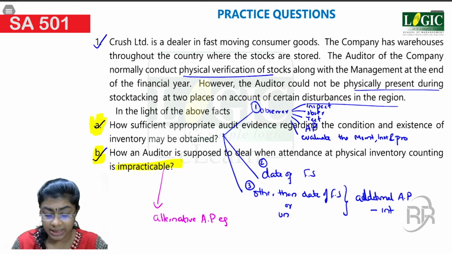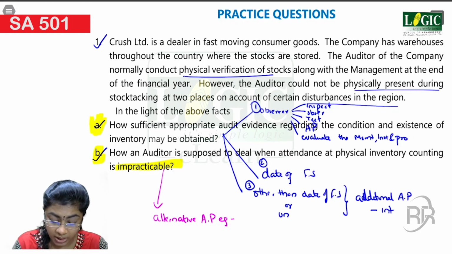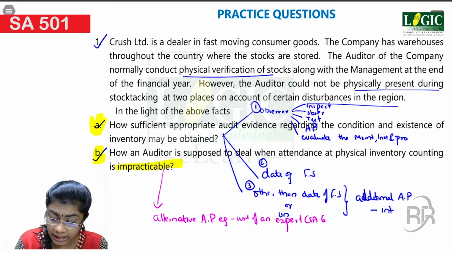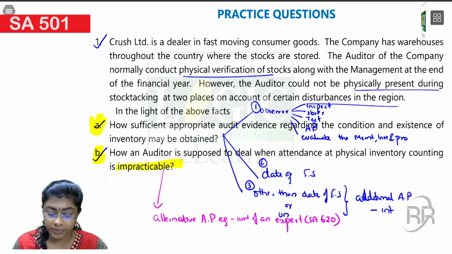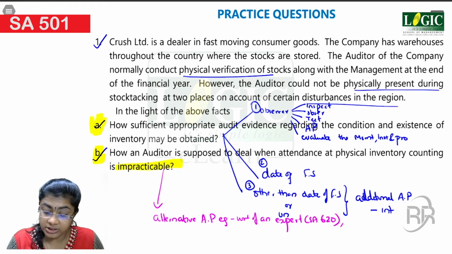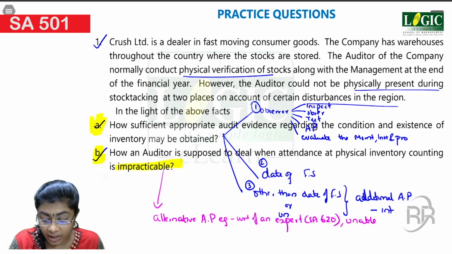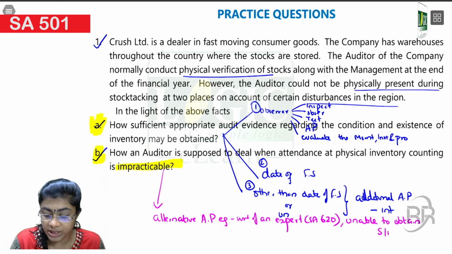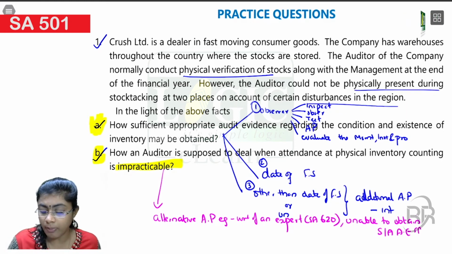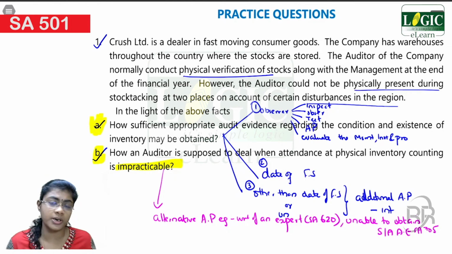Maybe you can give an example, like using the work of an auditor's expert, then SA 620. Even after performing alternative procedures, if unable to obtain sufficient and appropriate audit evidence, then he will modify the opinion as per SA 705.